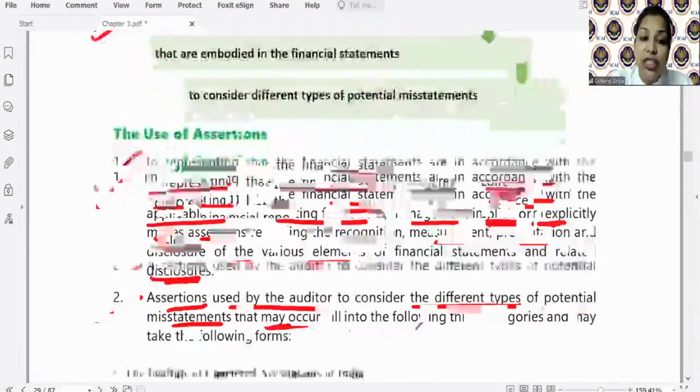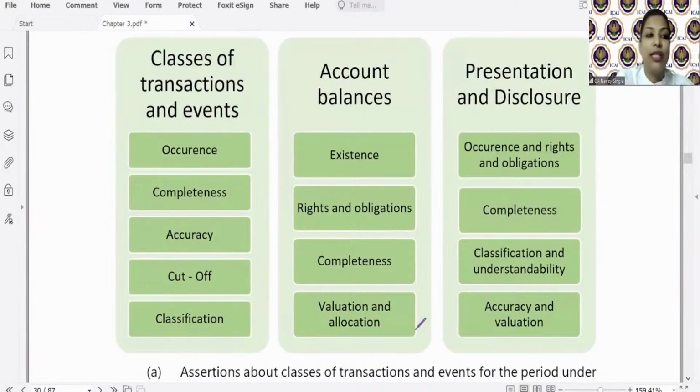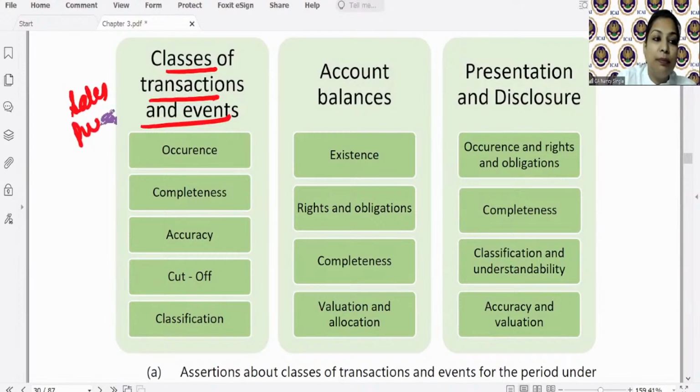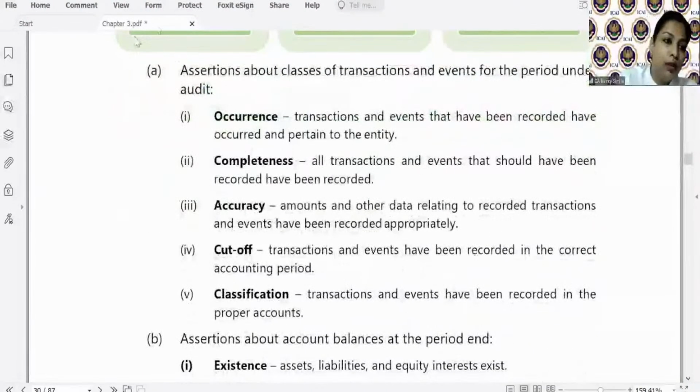Such assertions have been divided into three categories depending upon the nature. For example, classes of transactions and events like your sales, your purchases, basically your income and expense items, the transactions or events that have happened during the year. Then the account balances that are appearing in the balance sheet, like your building, your creditors. And then the presentation and disclosure.